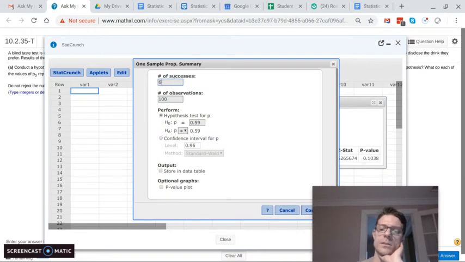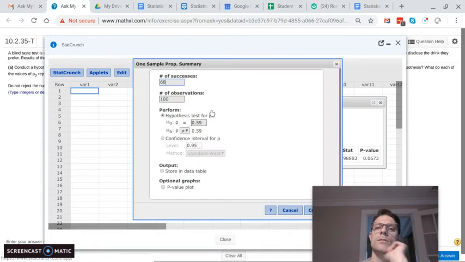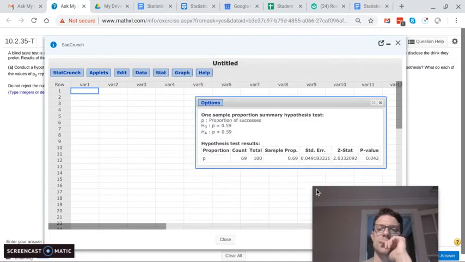Getting closer. 68 is almost at 5. So let's see if 69. There we go. So 69 is the first value where we would reject the null hypothesis again.